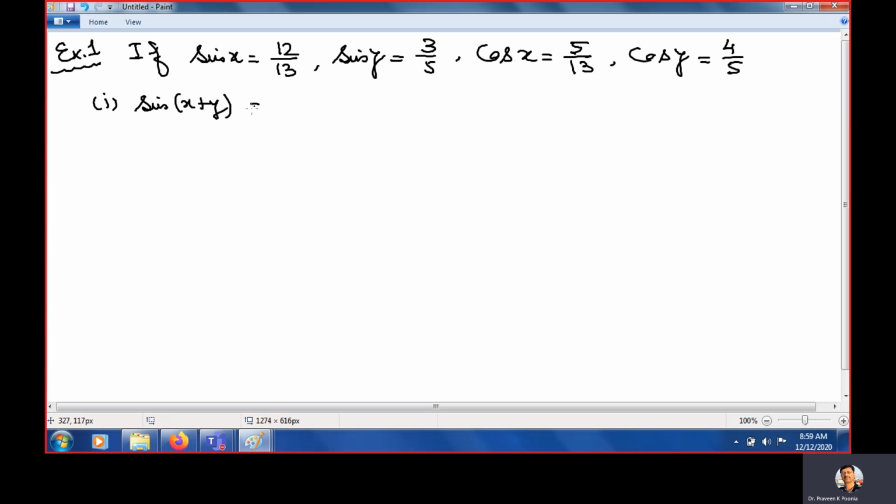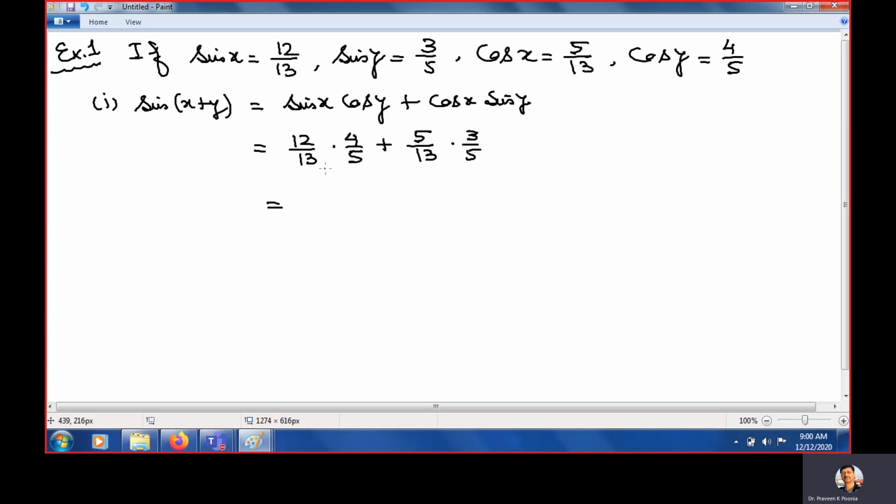So how will you find sin x plus y? Sin x plus y means you need to use the formula. It is sin x cos y plus cos x sin y. This is the formula. Put the value of sin x, 12 upon 13, cos y, 4 upon 5, plus cos x, 5 upon 13, and sin y, 3 upon 5. Clear?